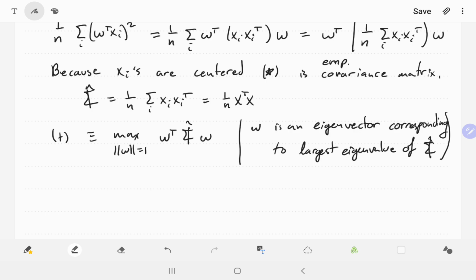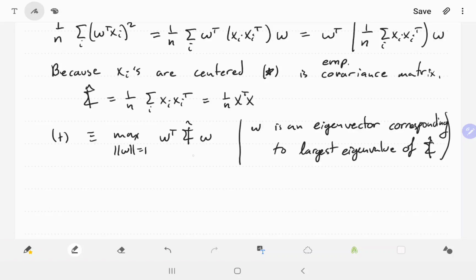This is the one-dimensional case, and in the higher dimensional case, the story continues. There are a number of ways to derive this, and the basic idea is that once we've found this largest eigenvector, we remove its component from all the xi's in a Gram-Schmidt type procedure, like we did with successive orthogonalization.